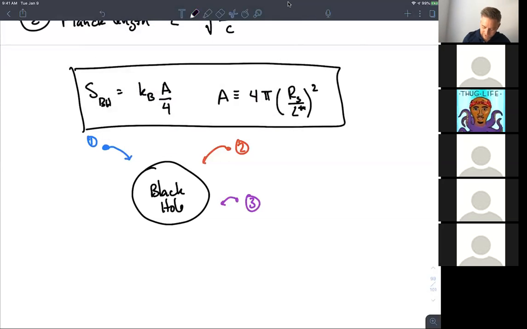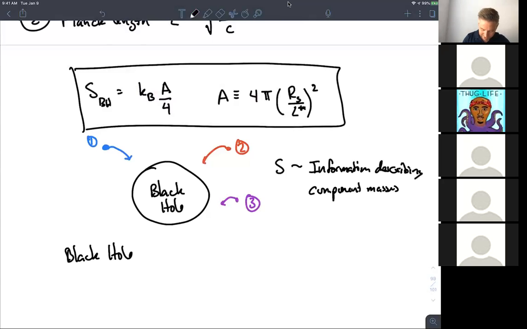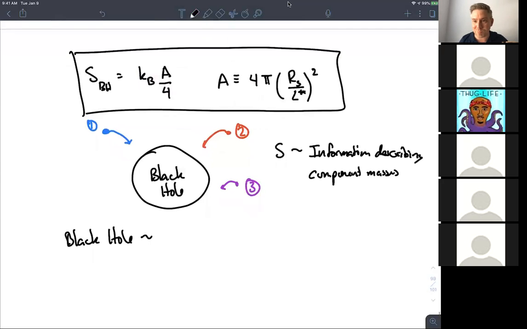In other words, this entropy is something like the information describing the component masses. Another way to think of it is that a black hole corresponds to the maximum possible information density you can possibly have.